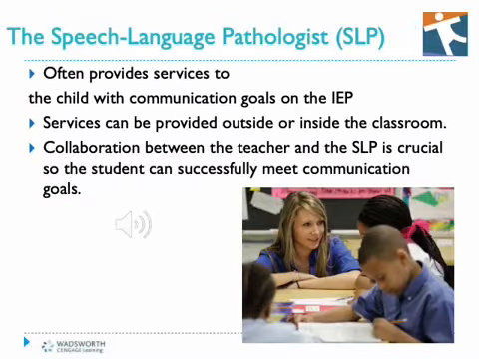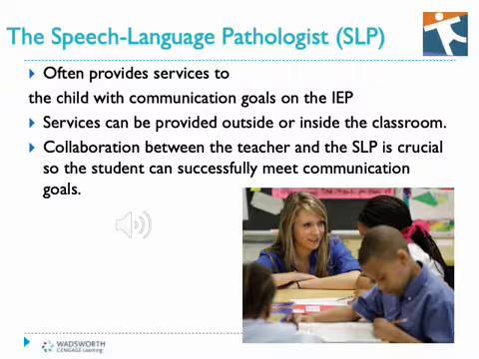Now, the SLP, or speech language pathologist, is a professional who often provides the services for a child with an IEP who has communication goals stated on their IEP. This specialist can provide services inside or outside of the classroom, and they tend to collaborate a great deal with the teacher to meet those goals for the child.